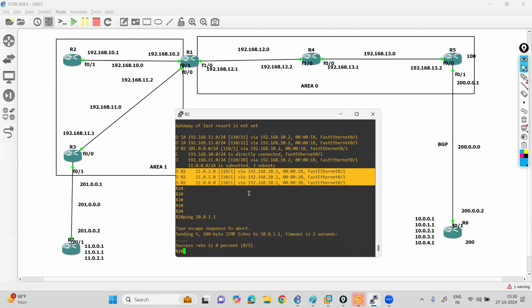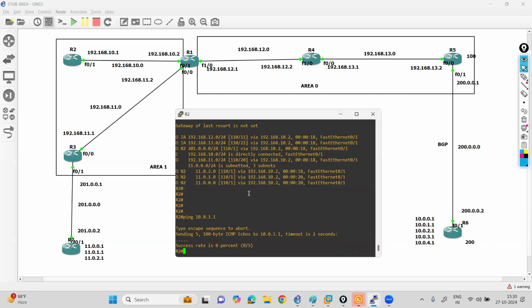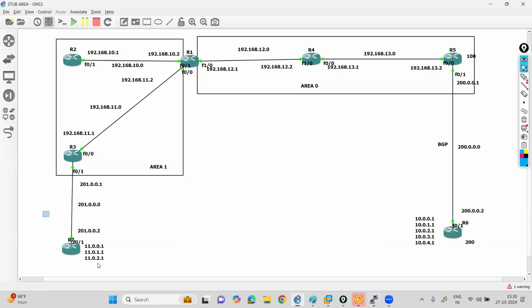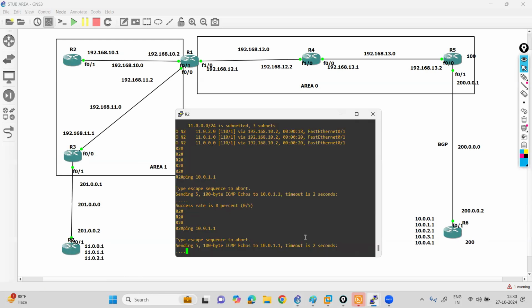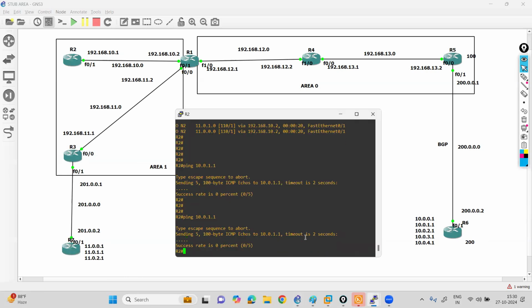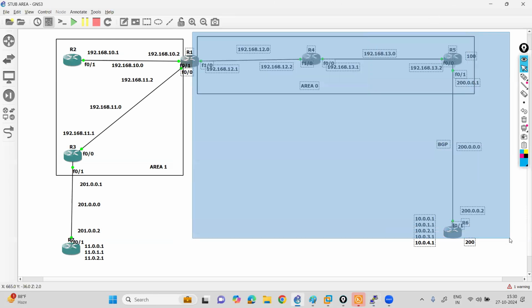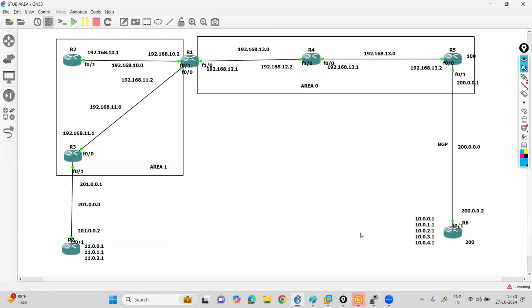That is completely blocked over here, and we can only pass the external routes from here. And if I do the configuration of total stub, then these routes will also be blocked over here, right?